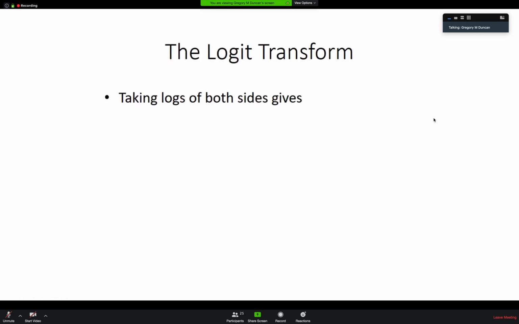So the Logit Transform, this is from last time. We had P divided by 1 minus P equals EXP of X beta.